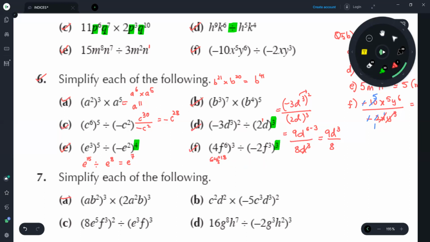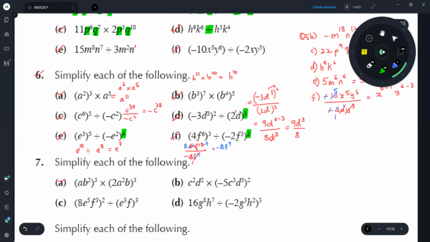I will write it down as a fraction. 8 times 8 is going to be 64, and f to the power 9 cancels out. So it's going to be 8 f to the power 9 and you put a minus sign. Minus 8f to the power 9 should be the answer. Sorry, my mistake. It's minus 8f to the power 9. Yes or no, all of you? Yes, sir.